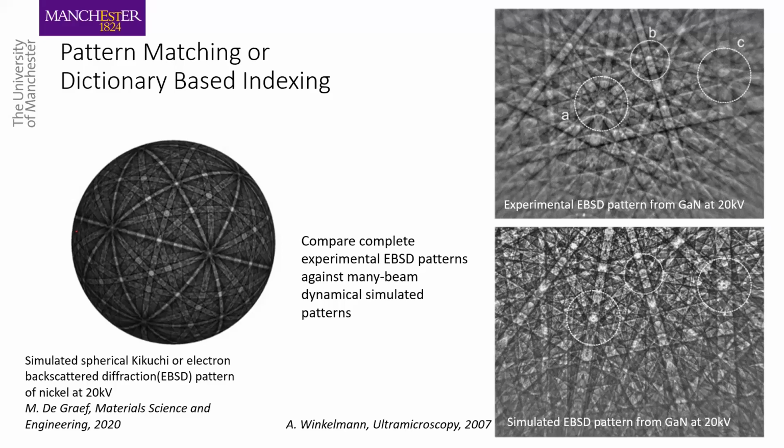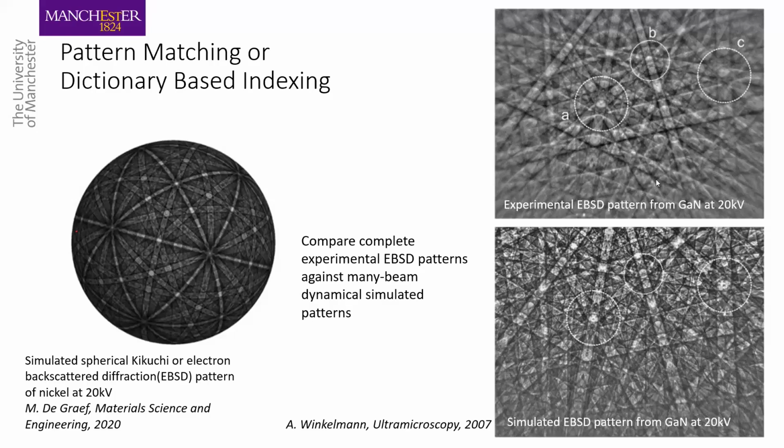Another development, fairly recently, is pattern matching or dictionary-based indexing, which is based on simulated spherical Kikuchis that I'm showing here, simulated patterns which are compared to EBSPs. These simulations are many-beam dynamical simulations, and an example is shown here of a spherical Kikuchi at the left-hand side from a nickel at 20 kV, and then on the right-hand side, the bottom image shows a simulated EBSD pattern from gallium nitride at 20 kV, and the same orientation of the experimental gallium nitride at 20 kV.